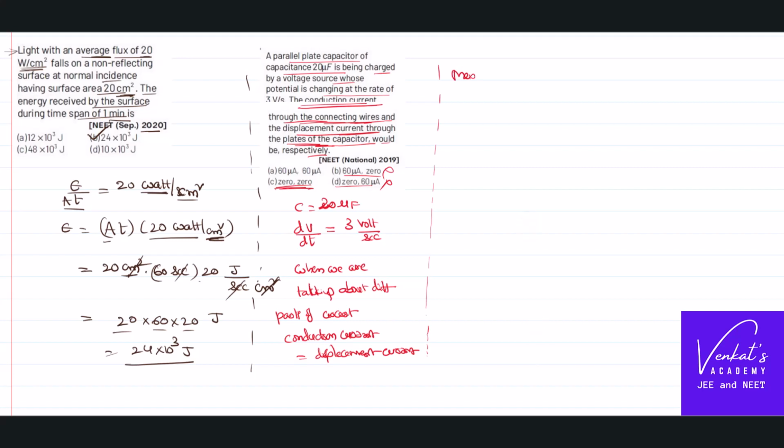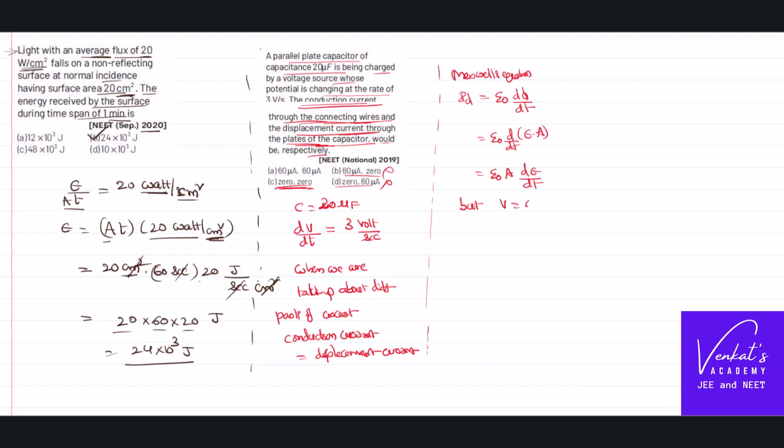As per Maxwell's equation, the displacement current can be expressed as epsilon naught into d phi by dt, where phi is the electric flux developed. Phi equals E dot A, like magnetic flux B dot A. So this can be written as epsilon naught A dE by dt, where E is the electric field intensity between the plates of the capacitor.